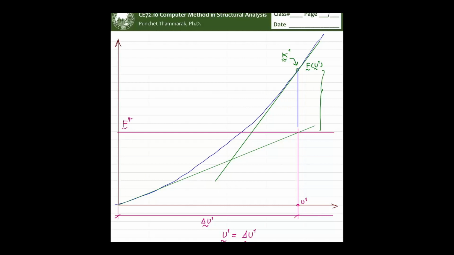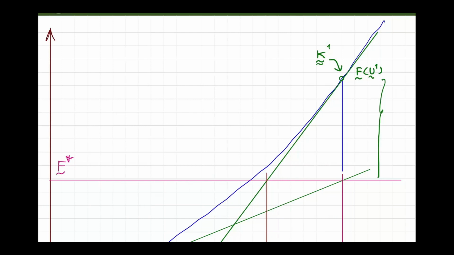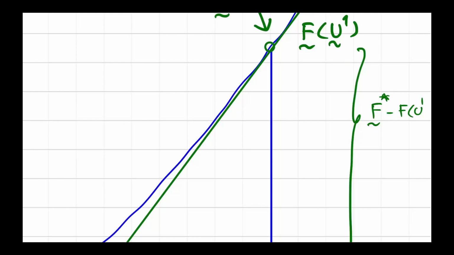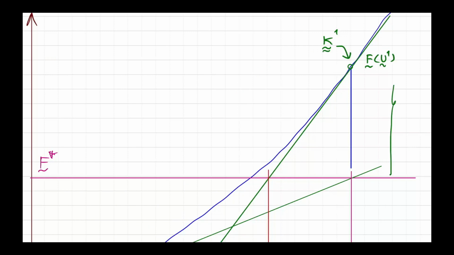So what you solve is this one, right? Because the residual is F star minus F U1.